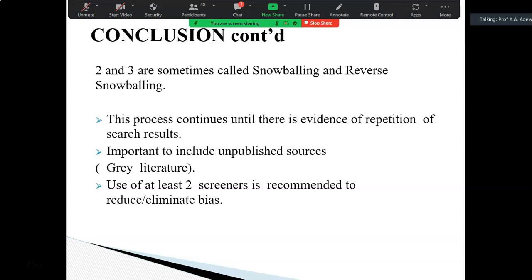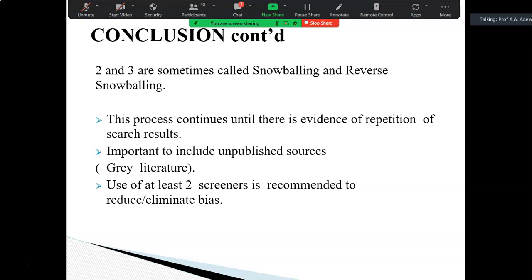And again, it is important to remember that you should include unpublished studies, gray literature. Gray literature can be things like term papers, or papers held by the Minister of Health or Minister of Social Development. They are gray literature because they are not indexed.